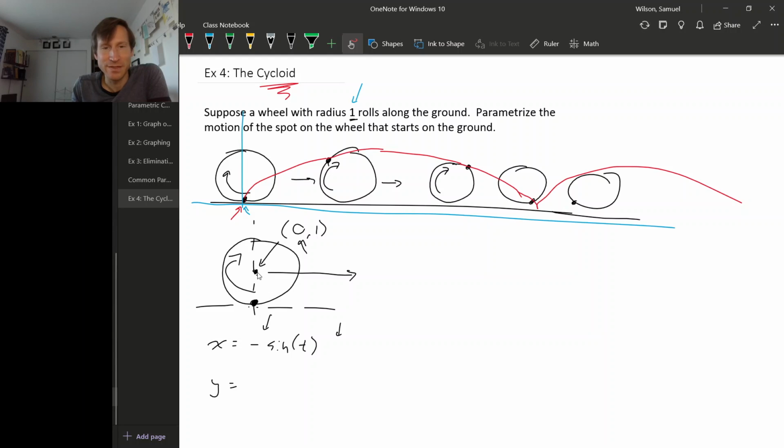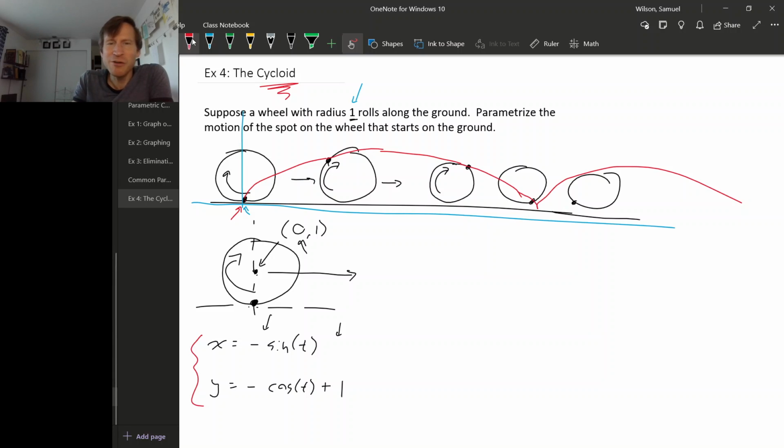The y-coordinate starts at its most negative extent, and to make that happen, we need a minus cosine. But the center of this circle is at +1 in the y direction, so we need a +1 right there. Okay, so these two parametric equations here describe the motion of the point around the circle.